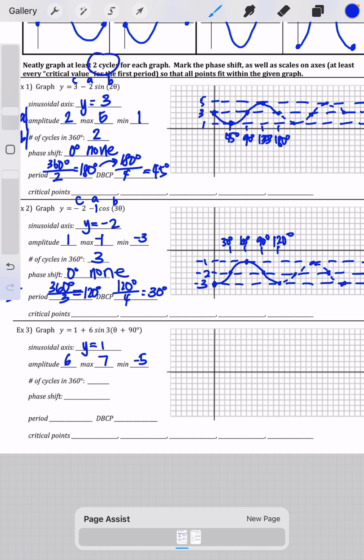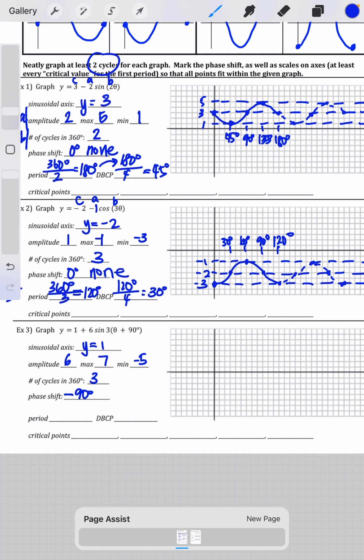If you notice here that B is already factored out, it's 3 parentheses theta plus 90. So our phase shift is just -90 degrees. Okay, number of cycles in 360 is 3. And so now we know that we have a phase shift of 90.